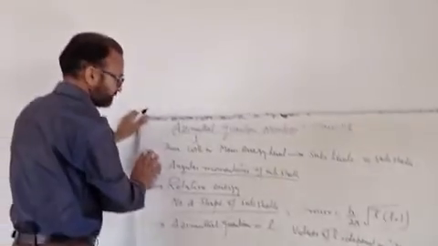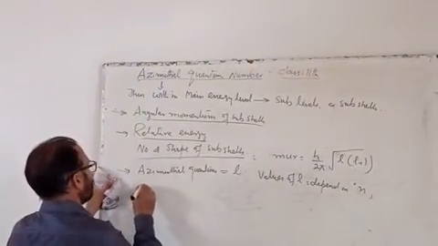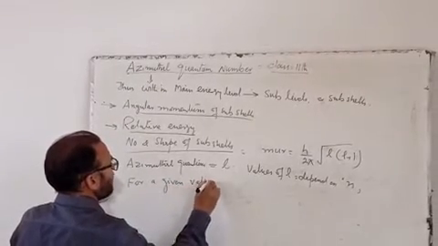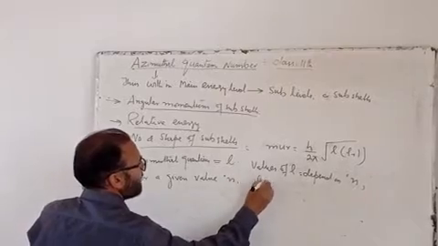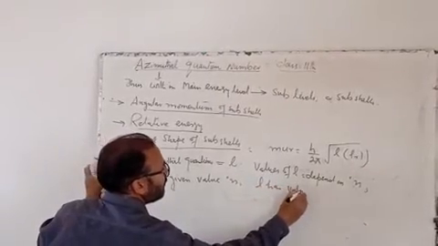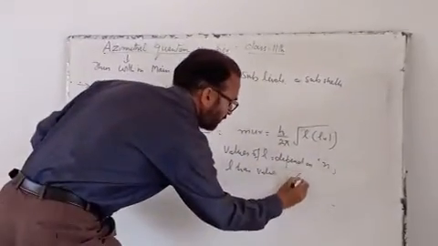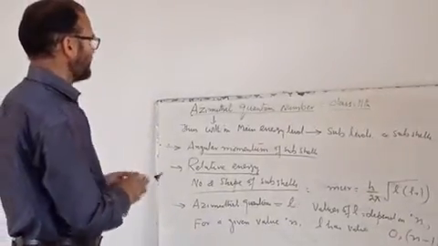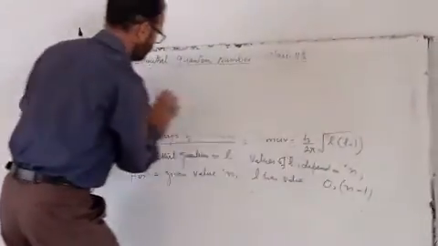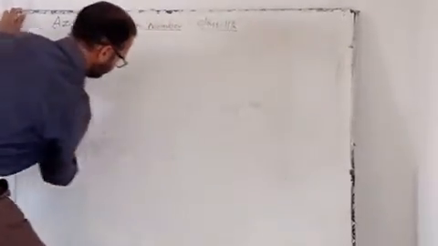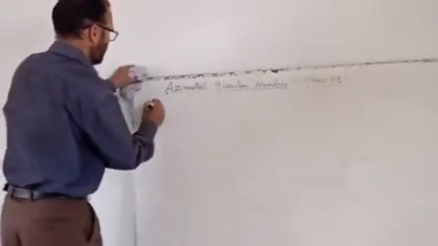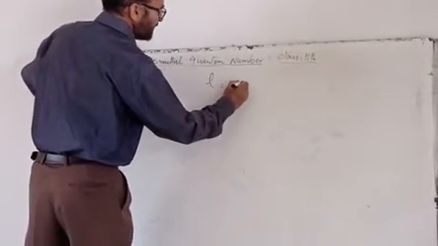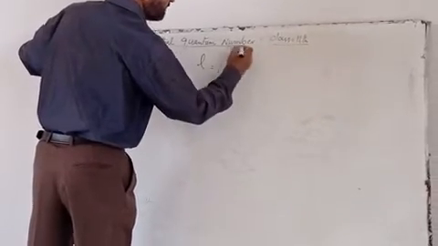For example, for a given value of n, L has values 0 to n minus 1. If n is equal to 1, L can have the value 0 only, 1 value.